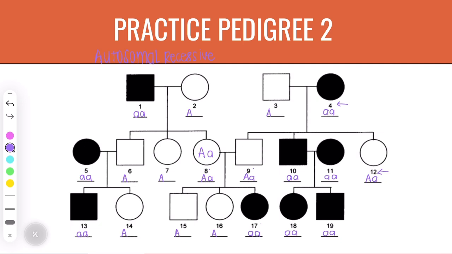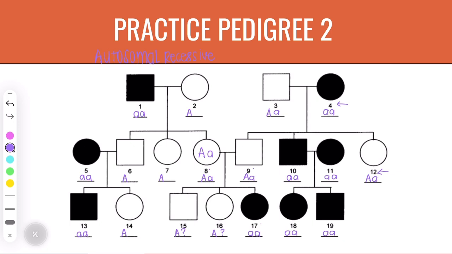With person 3, he gave his son, person 10, a recessive allele, so I know that he has to be heterozygous. However, with person 15 and 16, I can't be for sure because they don't have any kids listed on here yet, and both of their parents are not homozygous recessive, so I can't be sure.